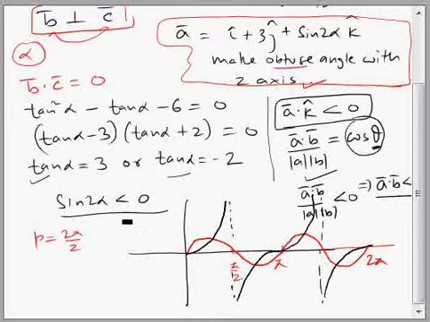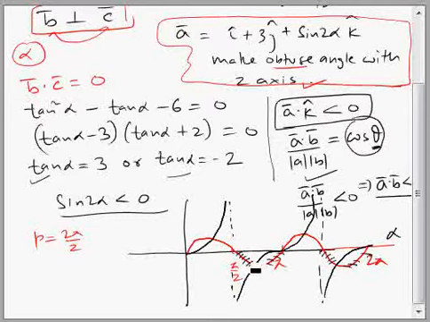Now sin 2 alpha is negative, so we have to choose alpha. This axis is alpha. We have to choose alpha only either between pi by 2 and pi, or between 3 pi by 2 and 2 pi, right?